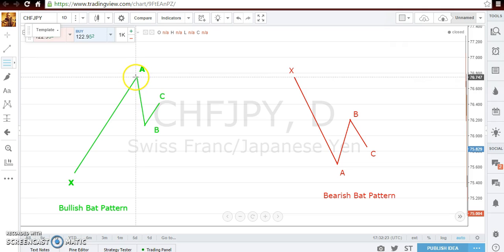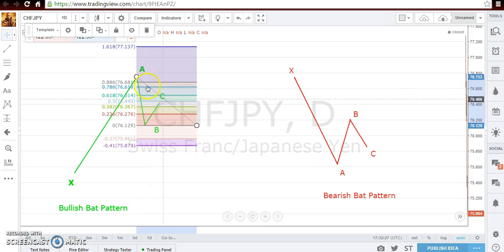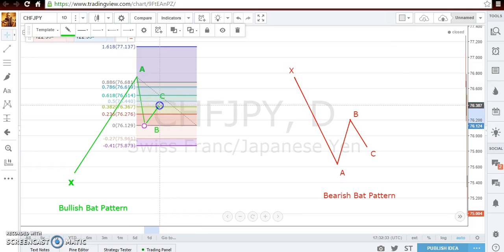So I'm going to draw that from the starting point to the end point, because we're looking for the retracement of this A to B leg. The rule is that C must touch the 382 retracement, and after that, we don't really care where it goes as long as it doesn't touch A.